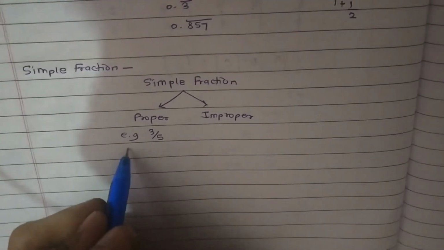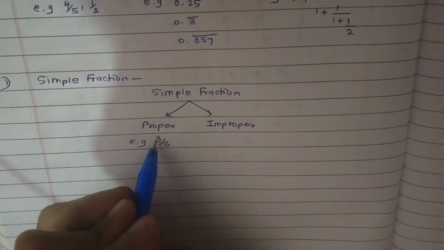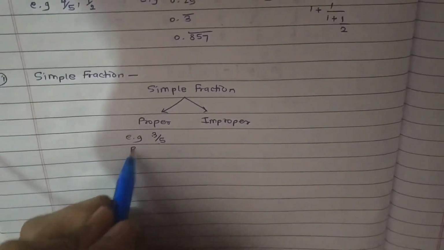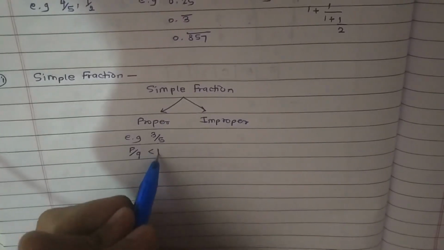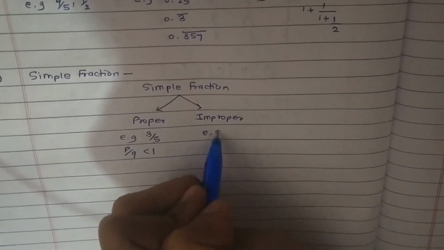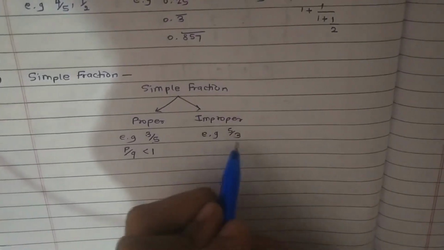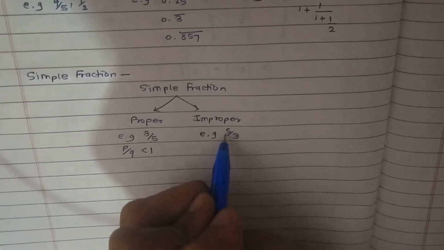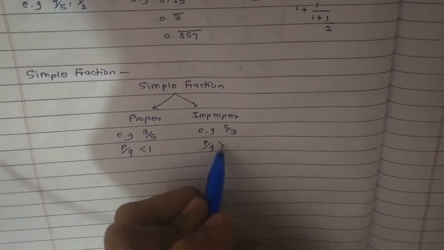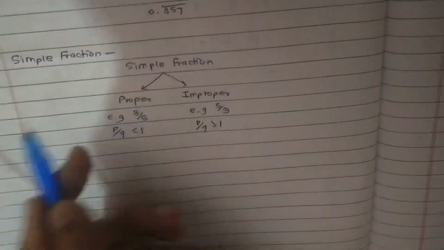In this, we can see that the numerator is less than the denominator. In this case, p by q is always less than 1. And in case of improper fraction, the example is 5 by 3. Here we can see that the numerator is greater than the denominator. In this case, p by q is always greater than 1.